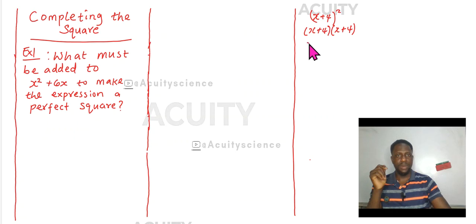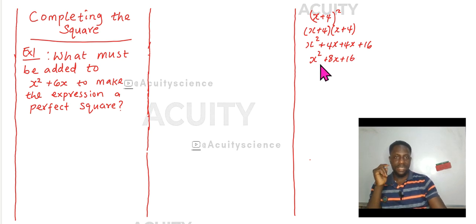If we expand, we'll have x squared as x times x, x times 4, 4x, plus 4 times x, and then 4 times 4, 16. Now x squared, 4x plus 4x is 8x, plus 16. Now this expression is a perfect square.